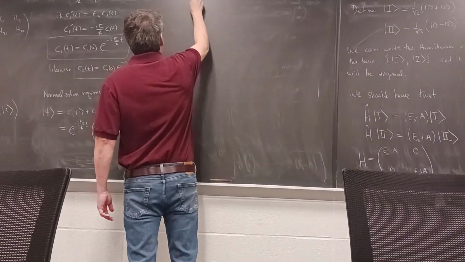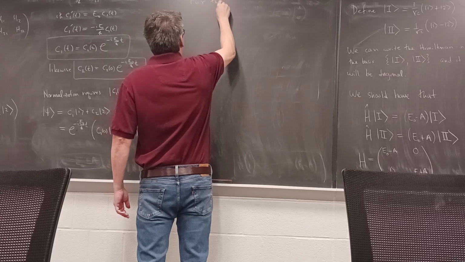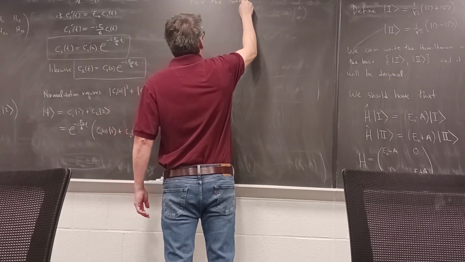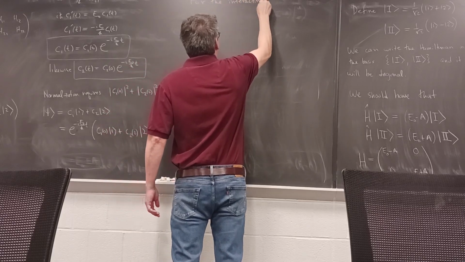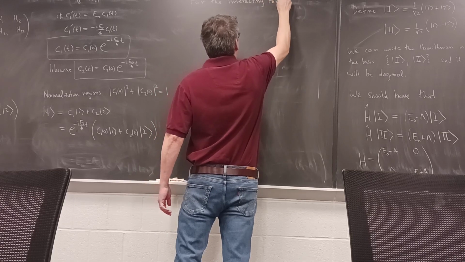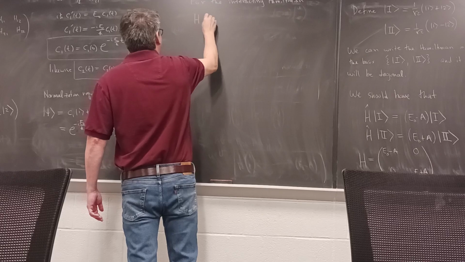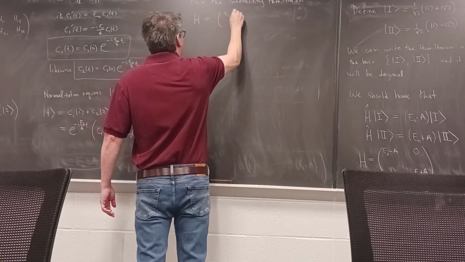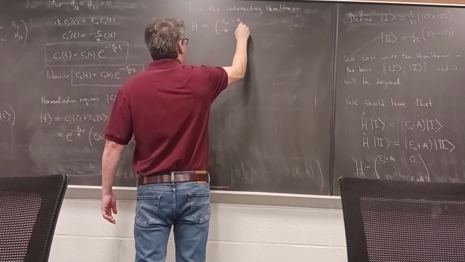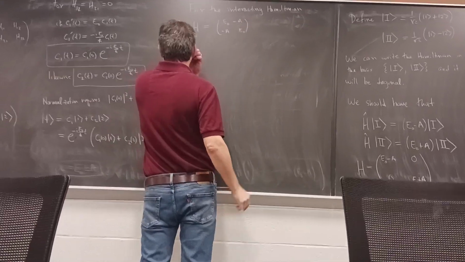Okay, so for the interacting Hamiltonian, we have H equal to E0, minus A, minus A, E0.